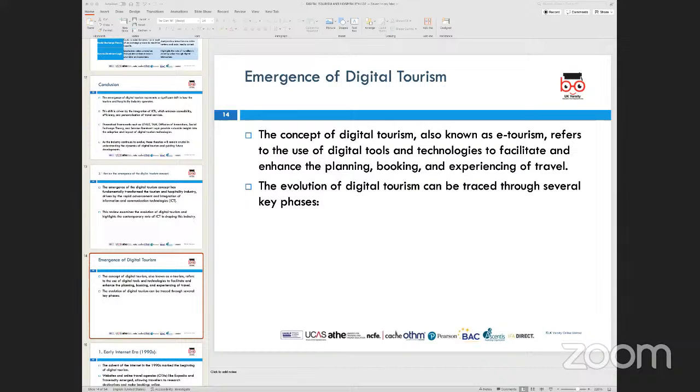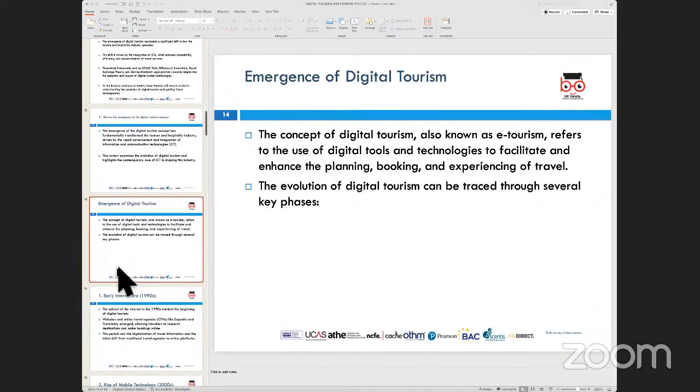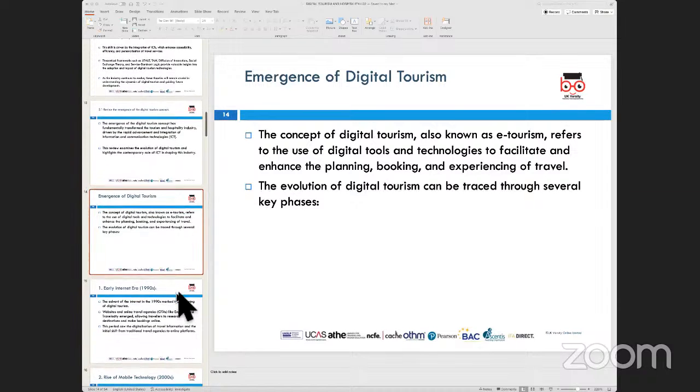This organization can be looked at as a set of systems, and these systems would help us in transforming the experience which customers have when they look at tourism as an activity.